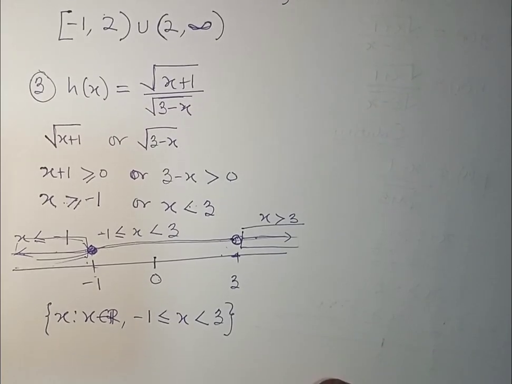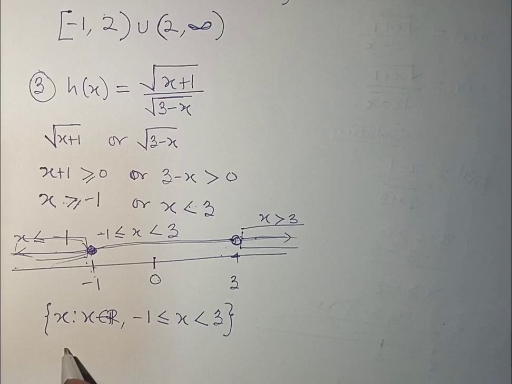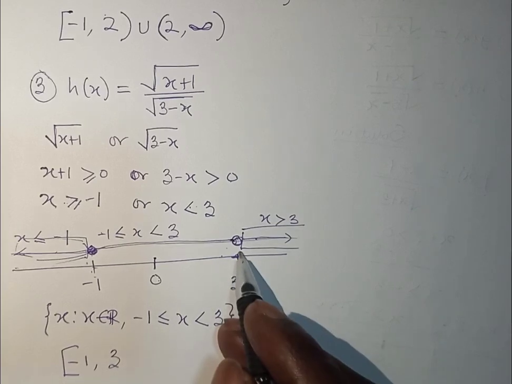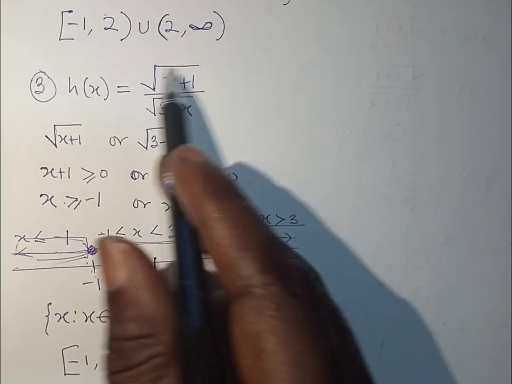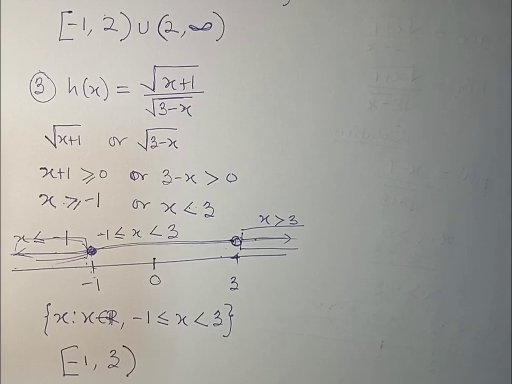For interval notation, since this is inclusive, this is not inclusive, I can close the negative part, which is -1, comma, then it ends here. So I write my 3. The 3 is not inclusive because if I should substitute 3 there, it will make the function undefined. So I will bring open, and that answers everything.